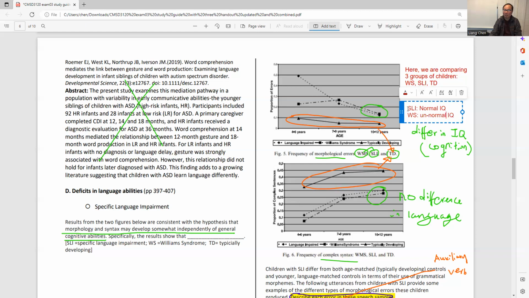But what is interesting is that they are not different in language: SLI and Williams syndrome children have similar morpho-syntactic skills.